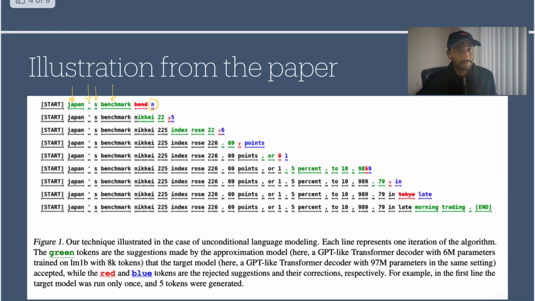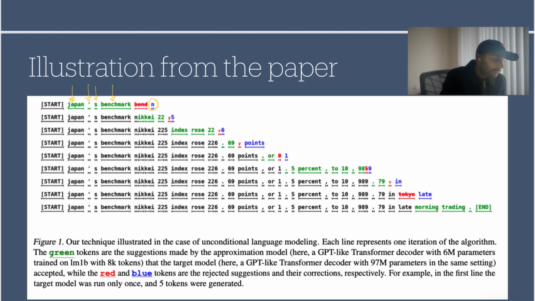Note that in the cases where we have green here, it could have been accepted because the target LLM thought it was as likely, or because we did the random experiment and still ended up accepting it. In either case, the word predicted by the approximation LLM, when it's accepted by the target LLM, is colored green here.